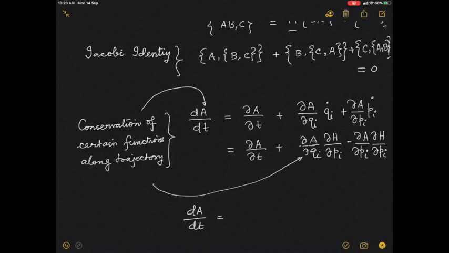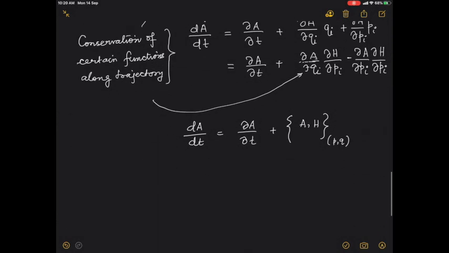So you can see that dA/dt essentially is del A del t plus the Poisson bracket of A with H. With respect to P and Q, of course, which usually we don't always write. So if A is conserved along the trajectory, then I get this equals 0.